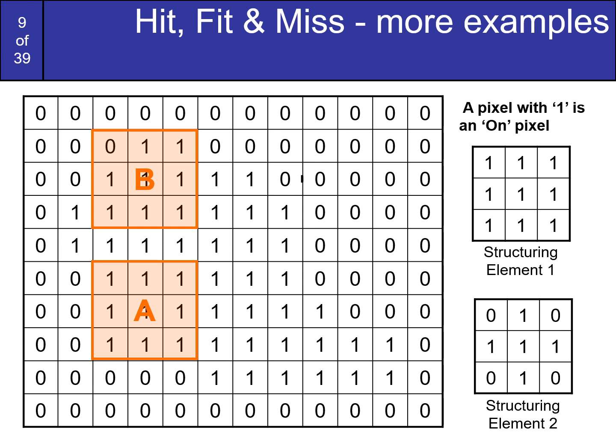Now let us move to a new location, which is C. At location C, for structuring element 1, at a glance we know that there is only one on the SE1 which covers a 1 on the image.